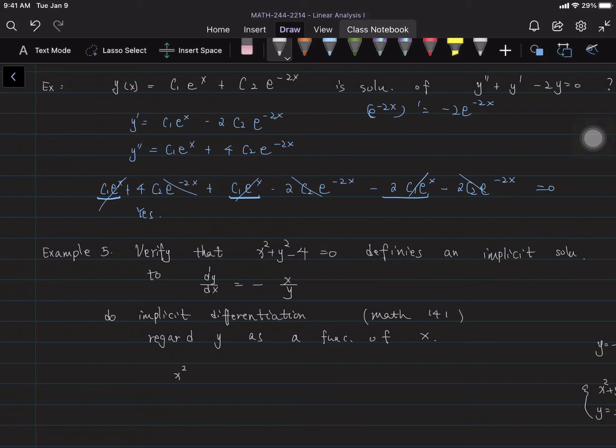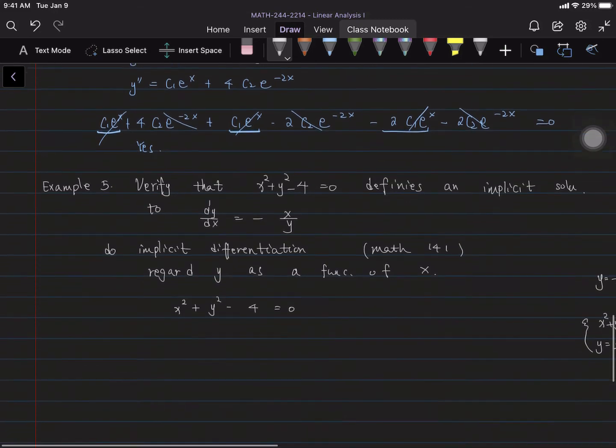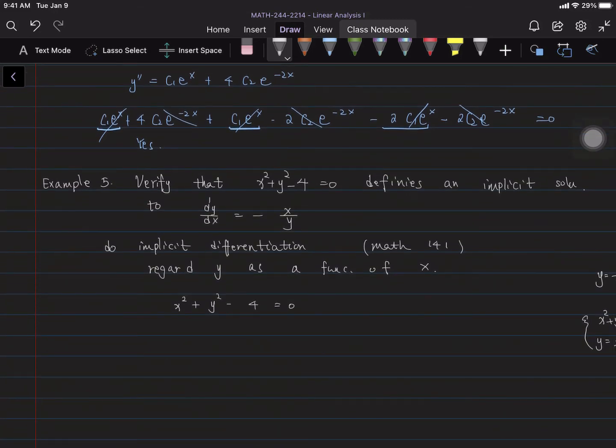When we have this implicit equation, we perform implicit differentiation, and we look at y as a function of x. Now the derivative of x squared becomes just 2x because the variable is just x, right? But here we need to do the chain rule, because we look at this as a function.